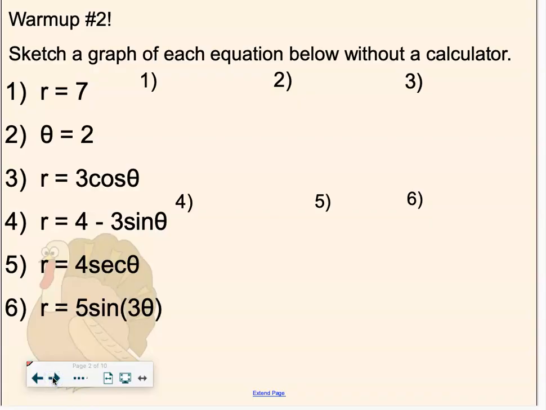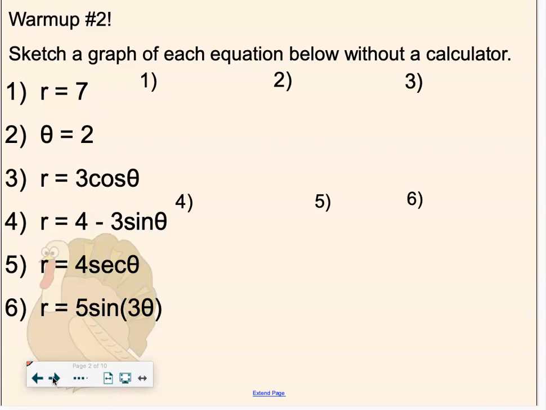All right. Okay. So, just for fun, no calculator. Let's see how well you remember graphing polar equations. Now, wait, before you all jump up. Okay, this should be pretty straightforward. This is a certain shape.